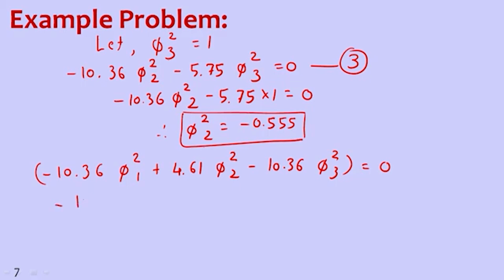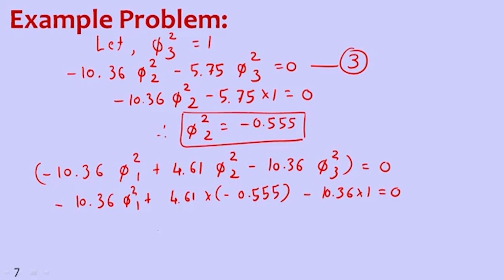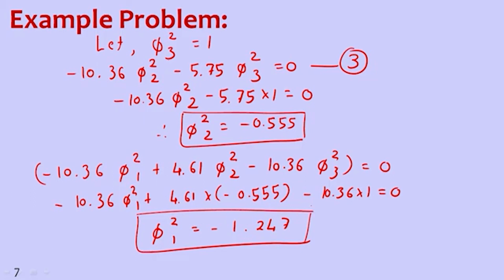So now I will substitute each and every value one by one. 4.61 multiplied by minus 0.555 minus 10.36 into 1 is equal to 0. So I got 521 as 1.247. So again negative value but greater than 1.